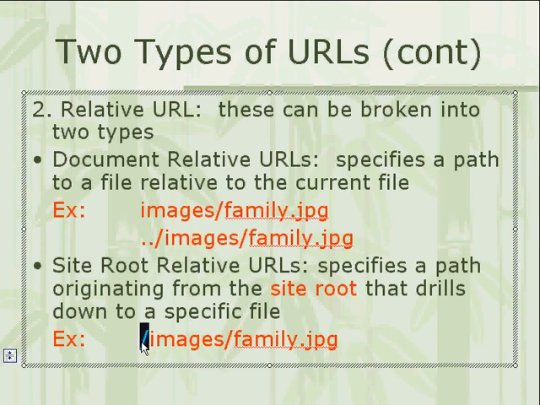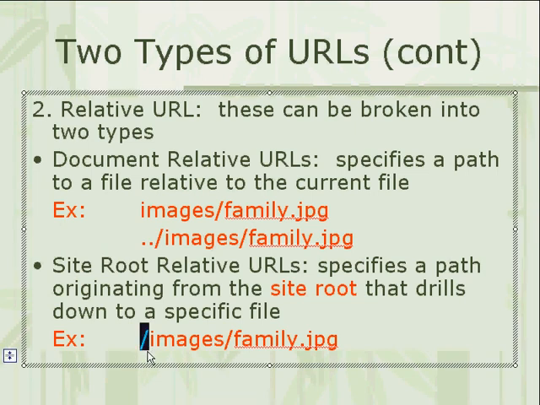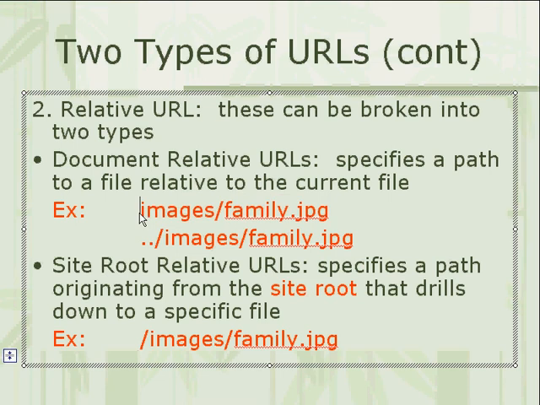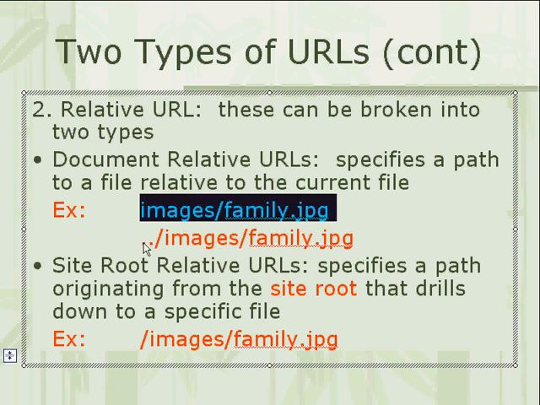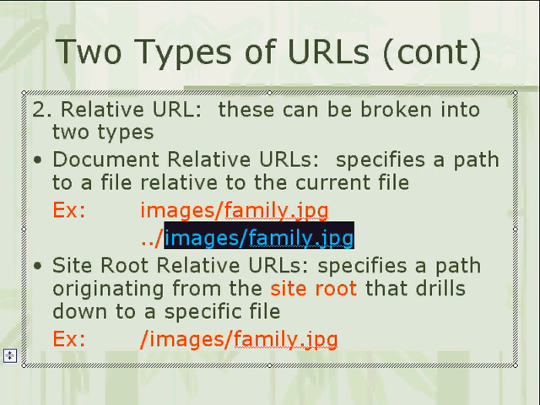And you'll always notice that those begin with a /. So anytime you see a /, such as in this case here, you'll know that you're looking at a site root relative URL. And then the other type is a document relative, and it can just be a path from where you are pointing to another file, or you could, as in the case here, go up a folder and then have a path to another file somewhere on your server.